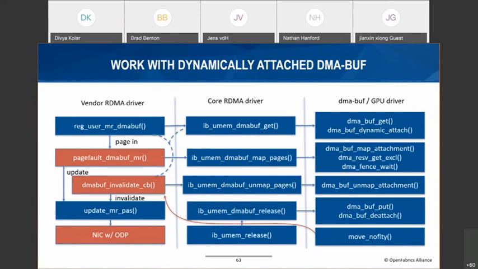At the same time, it will invalidate the page translation table inside the NIC, and the NIC will pause any incoming or outgoing RDMA operations using that specific memory region. So yeah, next slide, please.